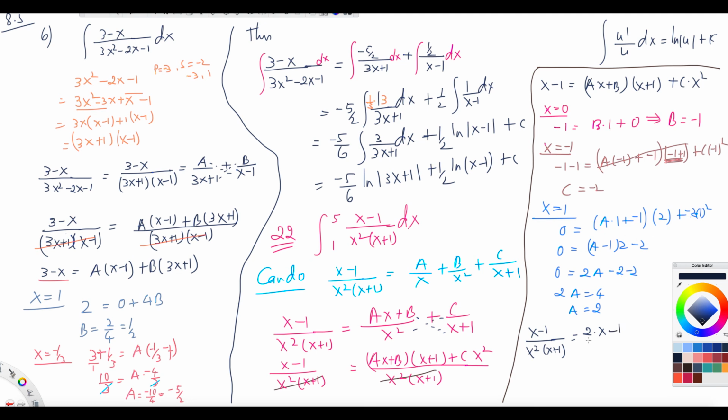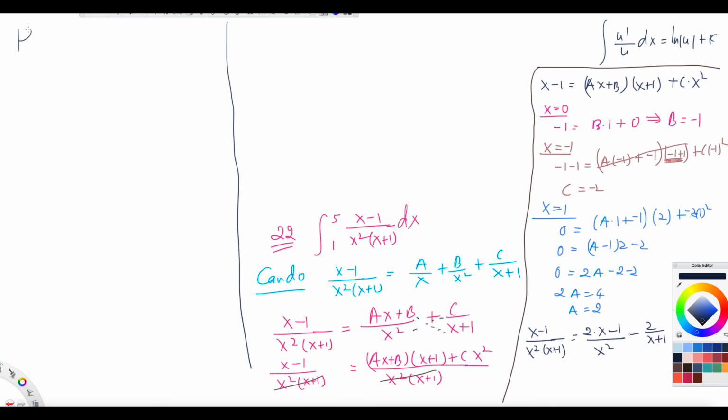So (2x - 1) over x squared, and then plus c over x + 1. So minus 2 over x plus 1, because c is negative 2. Okay, so what we need to do is find the integral of these, because there is an integral. And then find the limit also, because we need to plug in the limits of integration and find the exact value there.